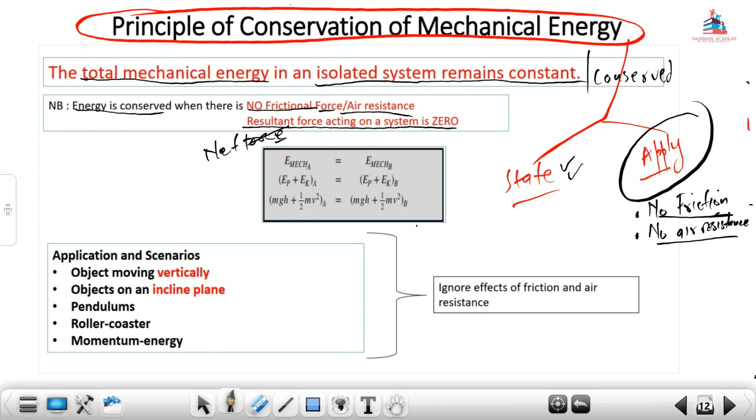And now, with the conservation of mechanical energy, the exam situations where we'll be expected to apply it are objects that are moving vertically, objects on an incline, pendulums, roller coasters, and the last bullet is very, very important. It's where we are going to link momentum and energy.